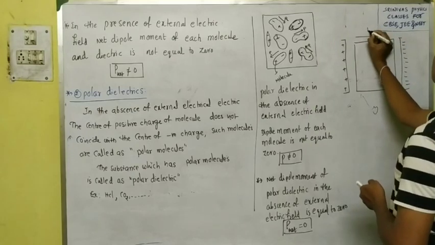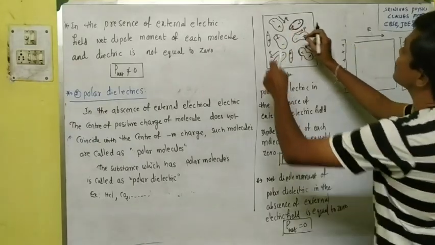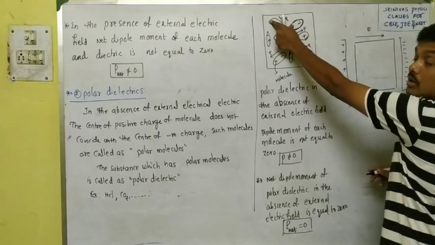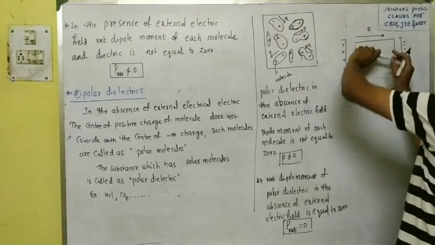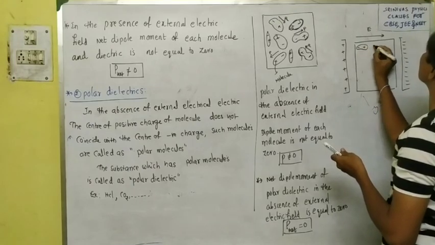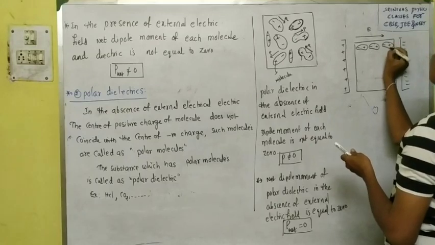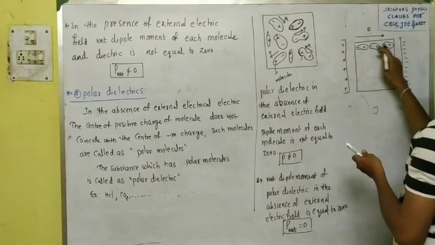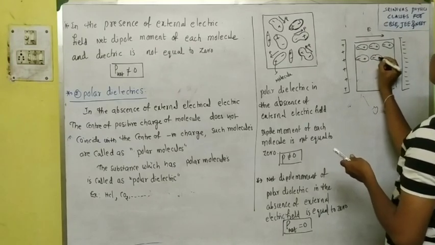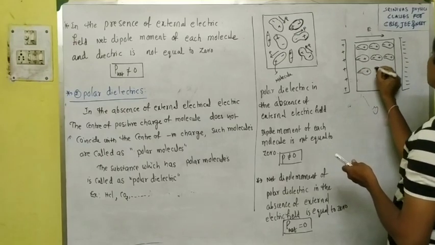This is the applied electric field. And here this dipole is in the external electric field. On this dipole torque will act. Due to the torque it will rotate, and all the dipoles will align like this. Minus will come to this side and plus will go to that side. Then all the dipoles are arranged in a particular direction, right? Like this.